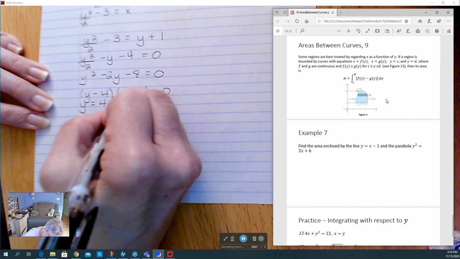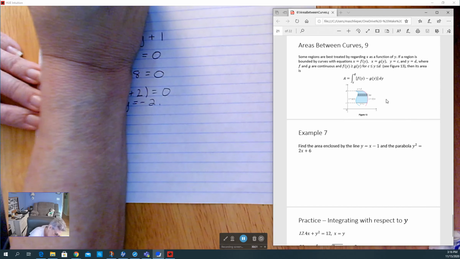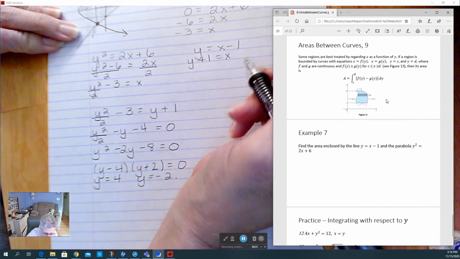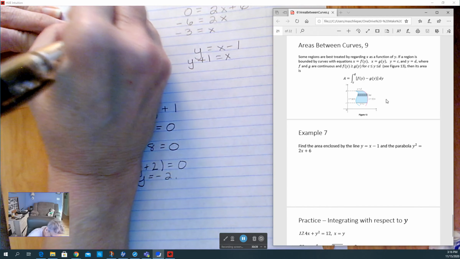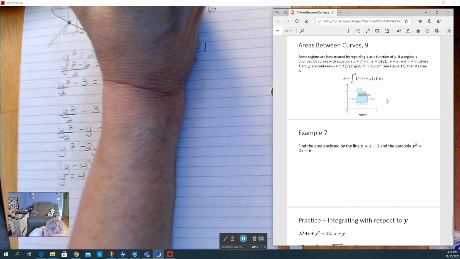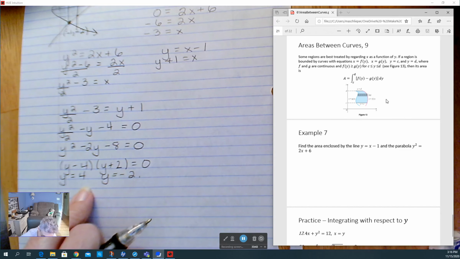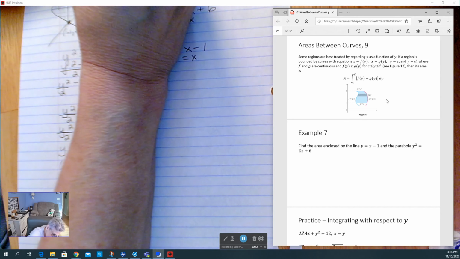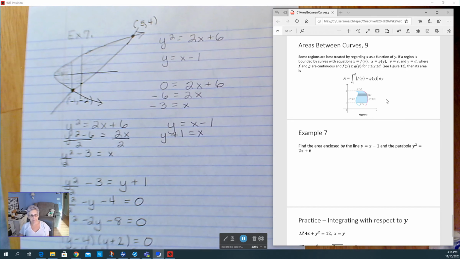Y is equal to 4. Y equals -2. So this is y equals -2. If y is equal to -2, x is -1. And this is y equals 4. If y is equal to 4, x is equal to 5, just because I like to label my points.